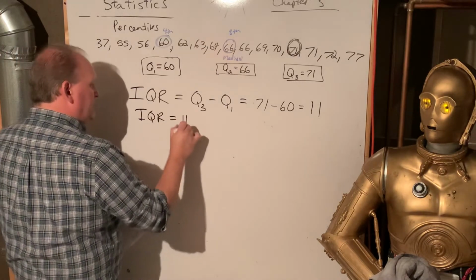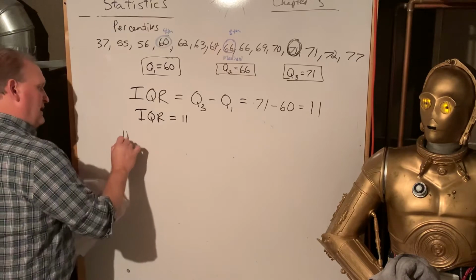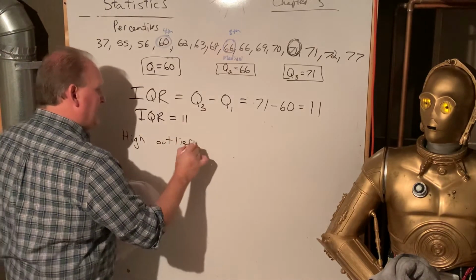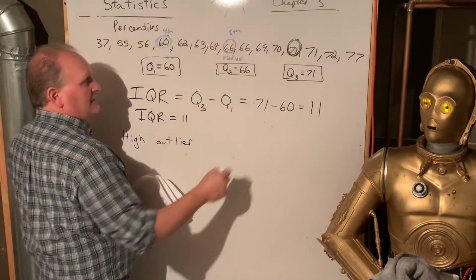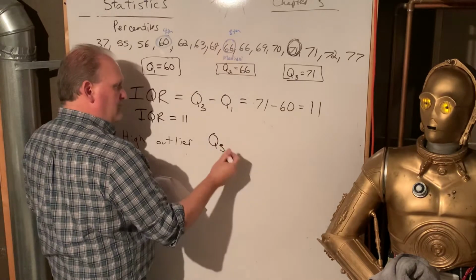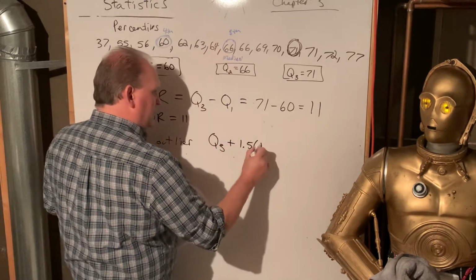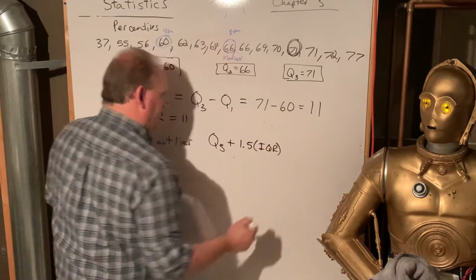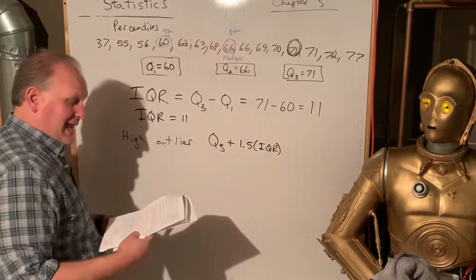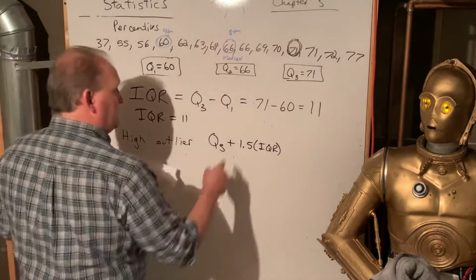Now, what we do with that IQR to identify outliers, for a high outlier, so an outlier on the top end, you take the third quartile and you add 1.5 times the IQR to it. So we take 1.5 times 11, and then we add that on to 71.